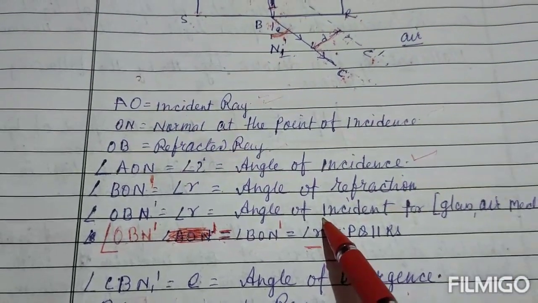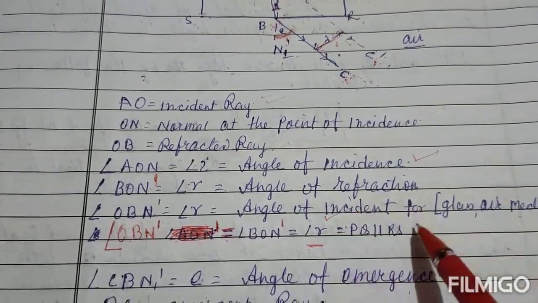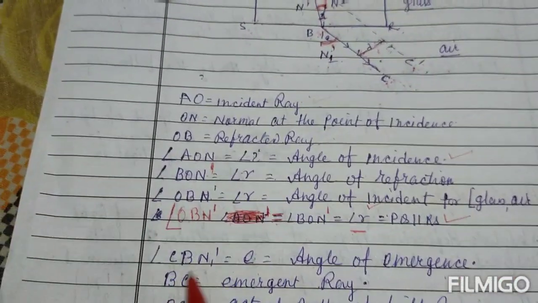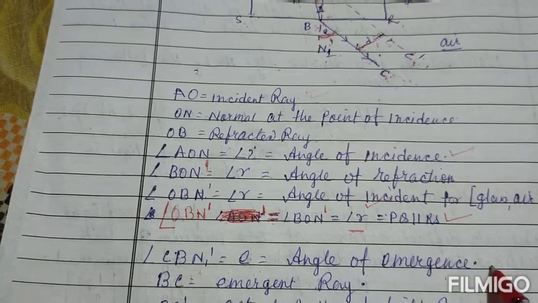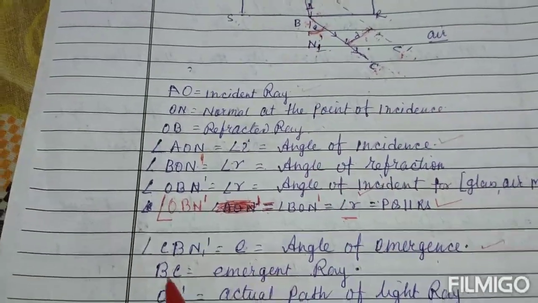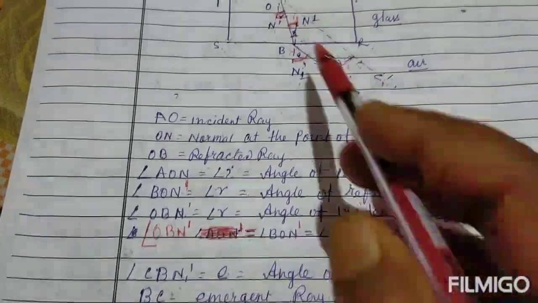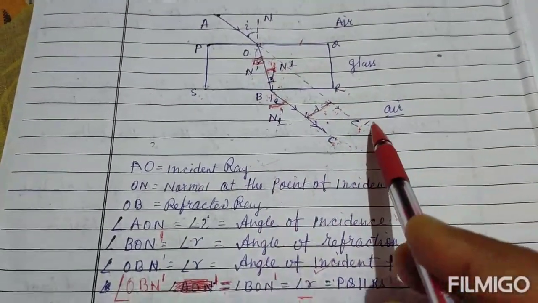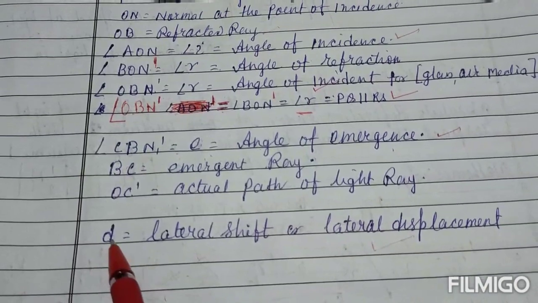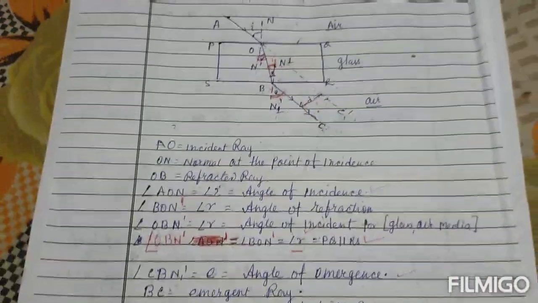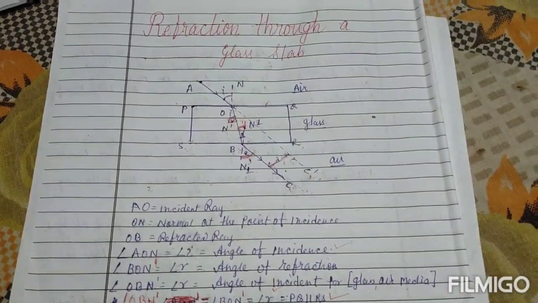Both angles are denoted by R because PQ and RS are parallel. CBN1 dash is the angle of emergence, BC is the emergent ray, OC dash is the actual path of light ray. So D is called lateral shift or lateral displacement. So this was the explanation of refraction through glass slab.